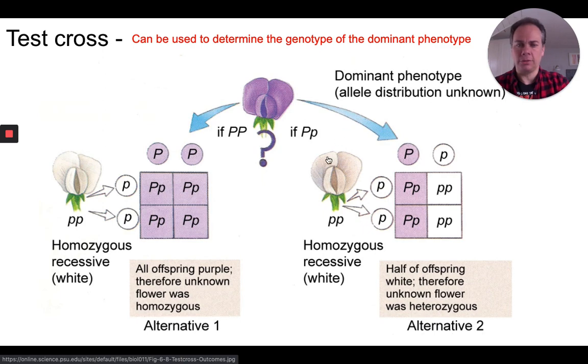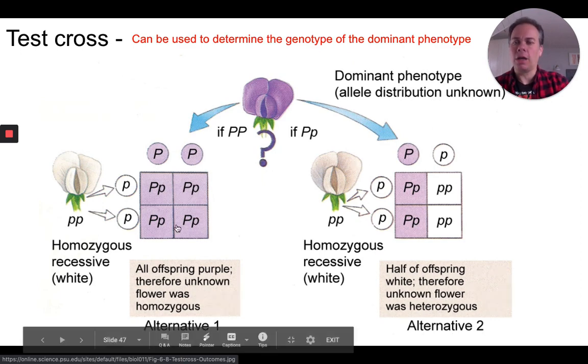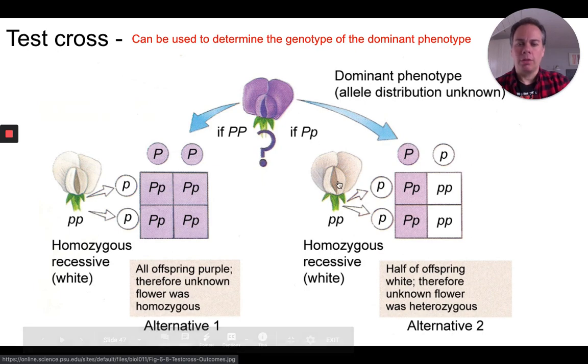If this plant is homozygous dominant, big P, big P, all of the offspring produced should also be purple. But if you cross this dominant phenotype with the homozygous recessive and 50% show the recessive trait, as in this case, then you know this pea plant is heterozygous.